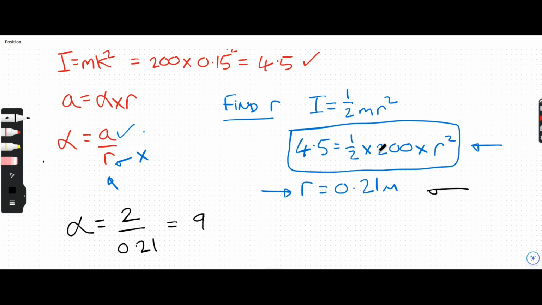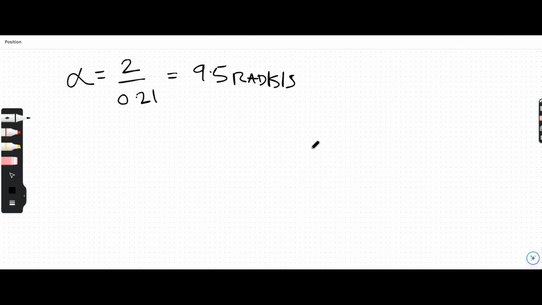My example gives me 9.5 rads per second. So that gives me my angular acceleration of my flywheel. I'll scroll down. Which now means I can find my inertia torque, which is I times that.